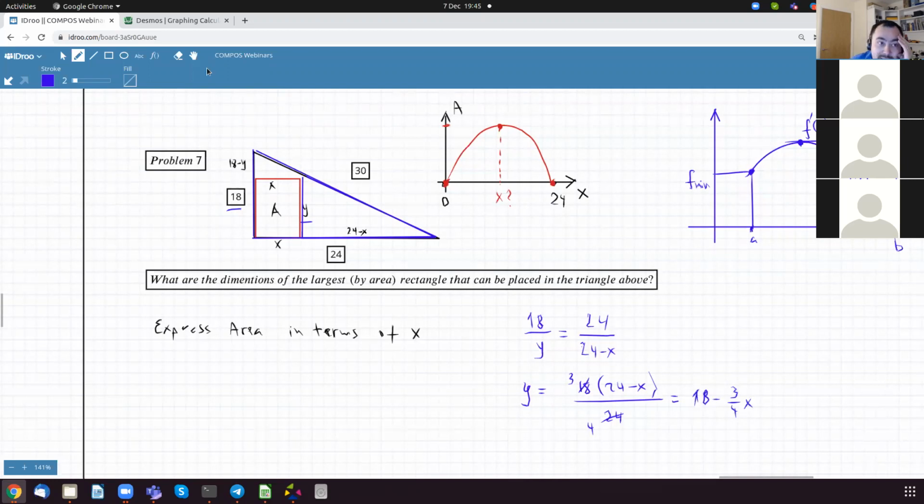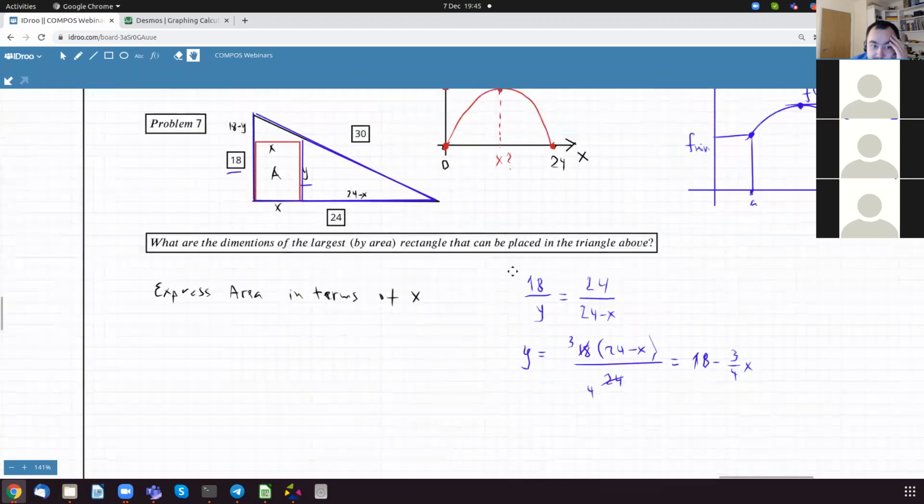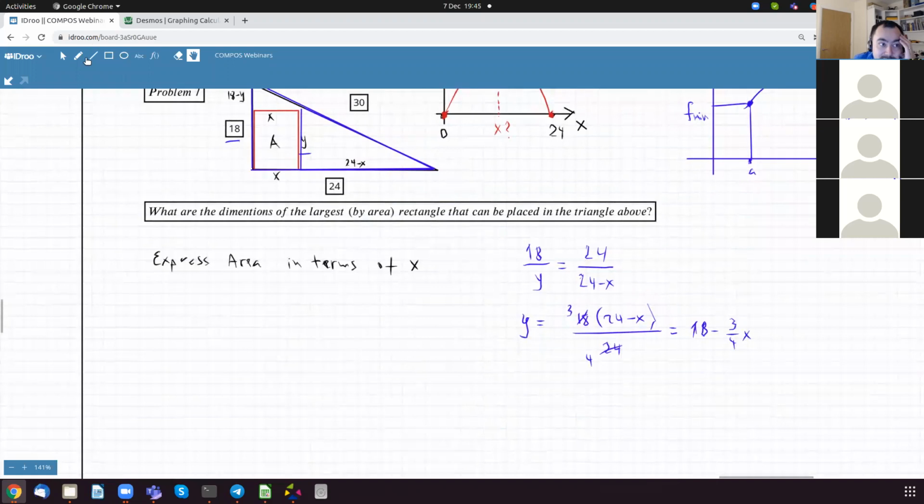And we know that the area is x times y. Therefore it's x multiplied by 18 minus 3/4 x.